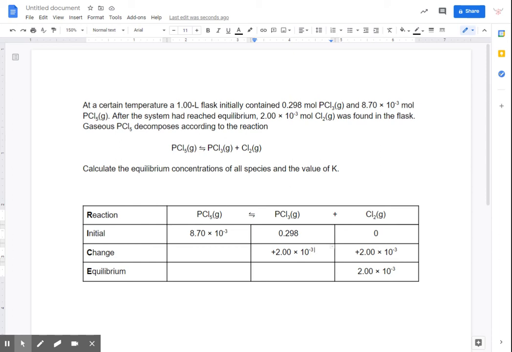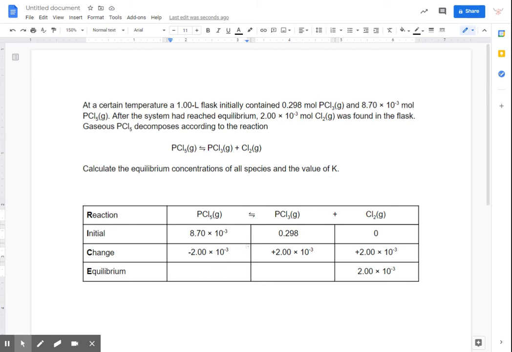If there was a coefficient, like if this was a 2, then it would be double of whatever happened to this. So it'd be like plus 4 times 10 to the negative third. Now, what do we do with this one? Well, this one must have subtracted that same amount, because the reaction went from left to right. Because these added, this must have subtracted.